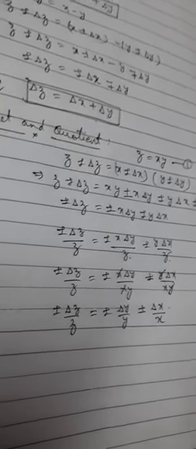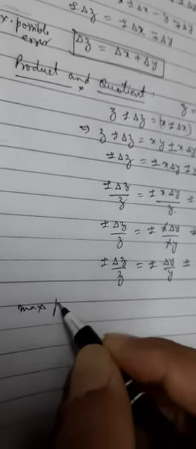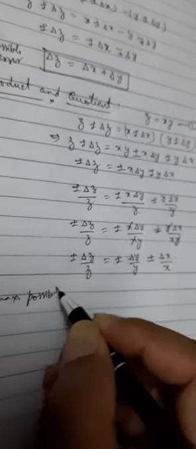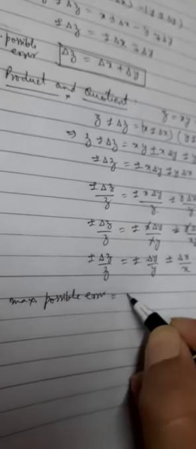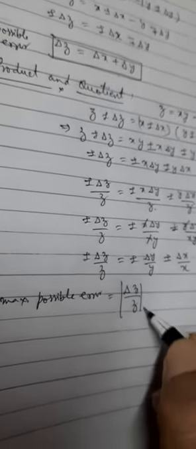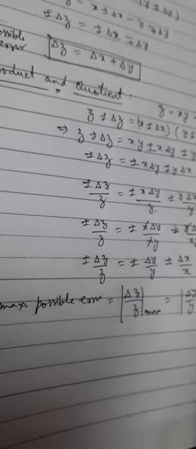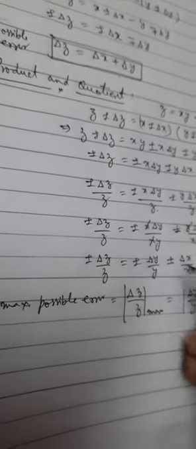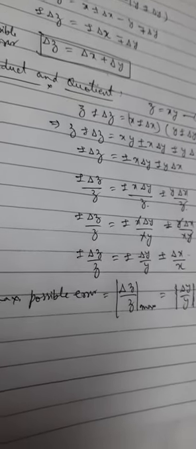Clear? Now again the same point, maximum possible error. So the maximum possible error delta z by z is equal to the mod of delta y upon y. You can write the mod here also, but it is positive, so there is no need to write it. Delta y upon y plus delta x upon x.